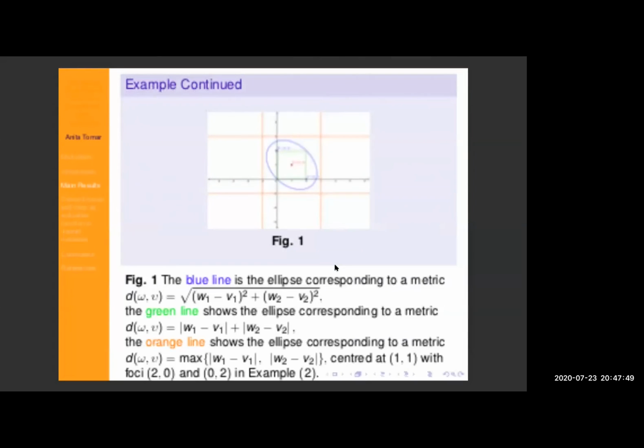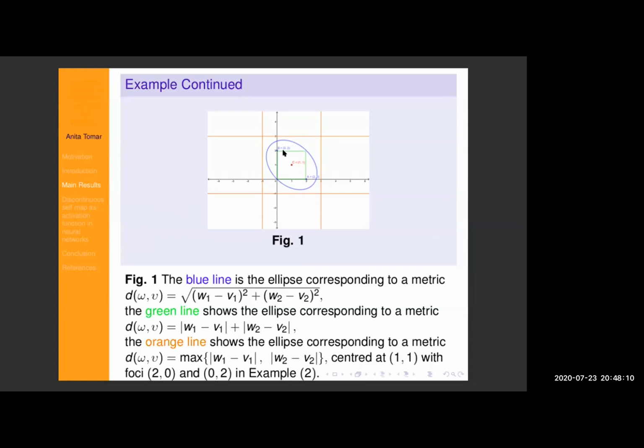And if we draw the diagram of these examples, then we see that this blue line is the ellipse corresponding to the metric square root of (W1 minus V1) whole squared plus (W2 minus V2) whole squared.